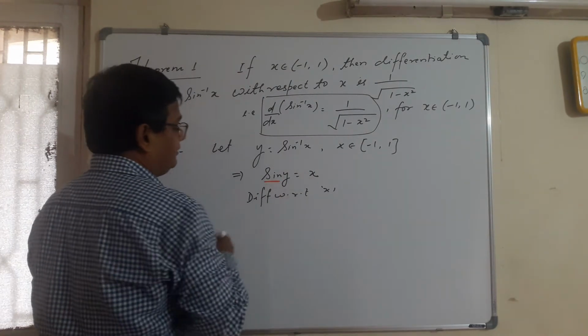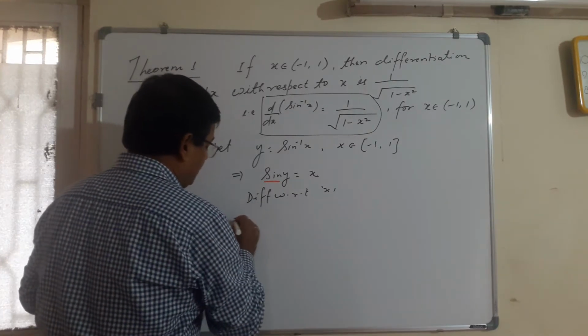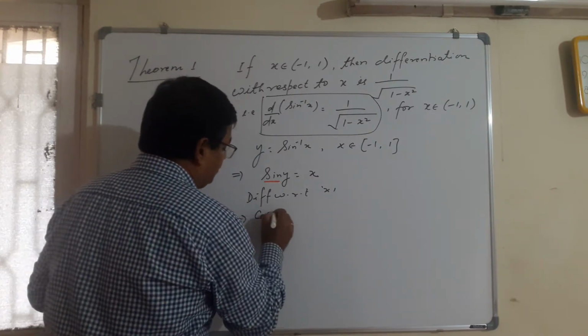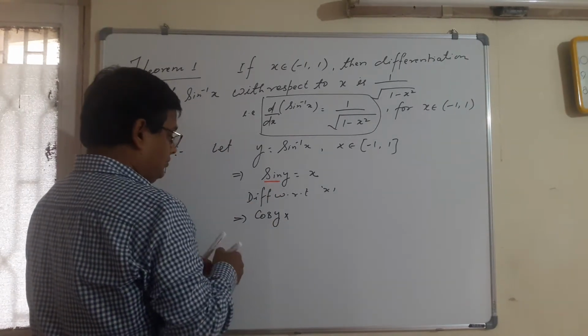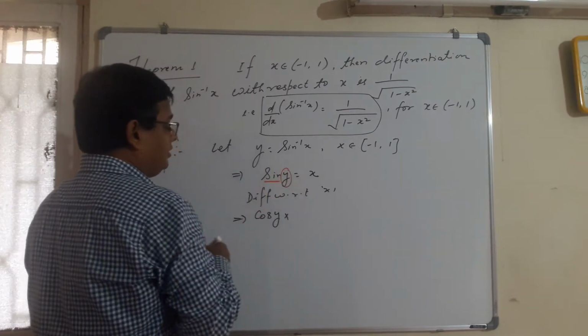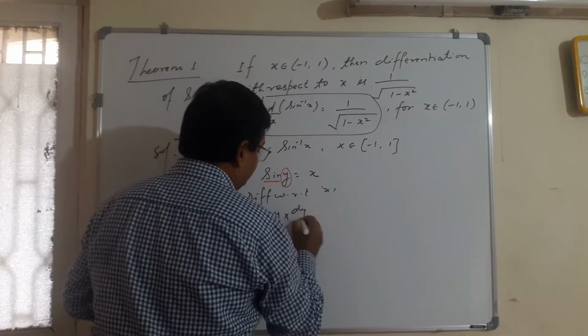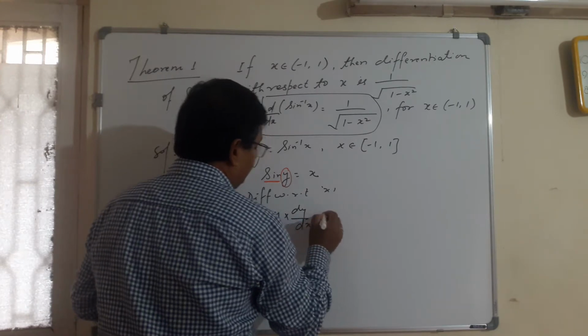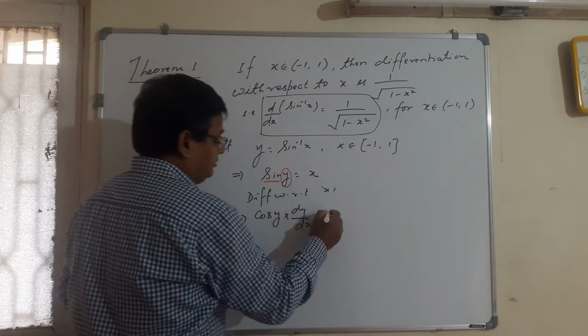First differentiate the sine function. Differentiation of sine is cos. Then here becomes cos y. Then after differentiation of y with respect to x is dy by dx, and differentiation of x with respect to x is 1.